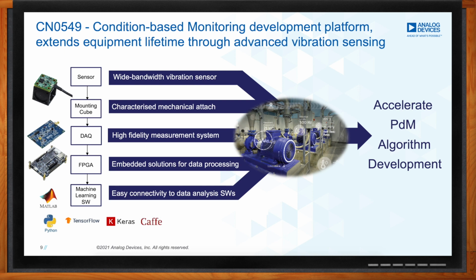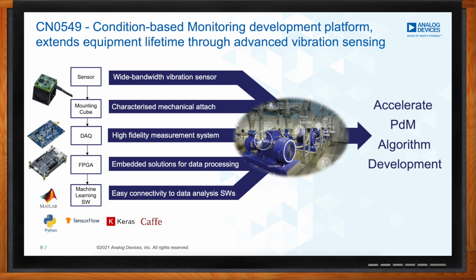And this is paired with one of two FPGA cards. So we have an FPGA board from the Xilinx side, and we also have one from the Intel side. But ultimately, the combination of the sensing, mechanical cube, data acquisition, and FPGA processing card means that we can take care of all of the hardware options required to bring in high quality vibration data and process it locally.